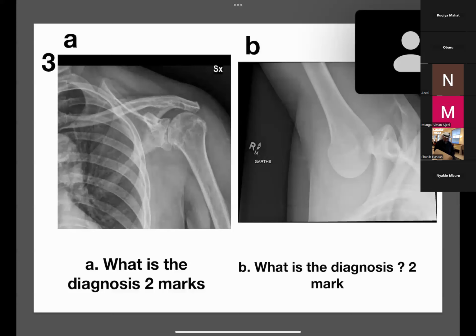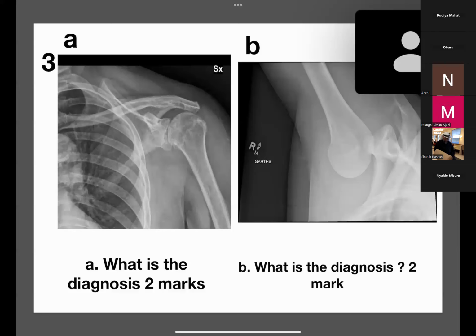With regards to osteoarthritis of the shoulder, it depends on how bad it is. One of the things you may need to do here is an MRI scan. The purpose of the MRI scan is to determine how good the rotator cuff is. If the rotator cuff is fine, and the patient desires, you do a primary joint replacement of the shoulder, an anatomic joint replacement.